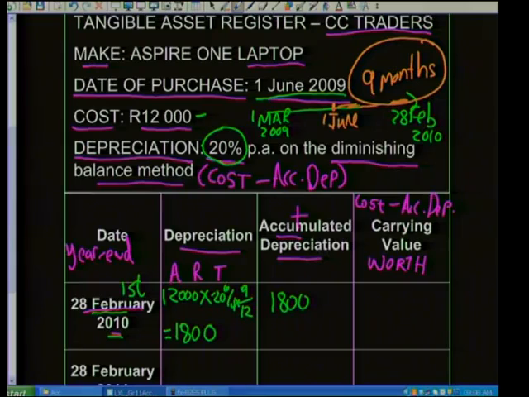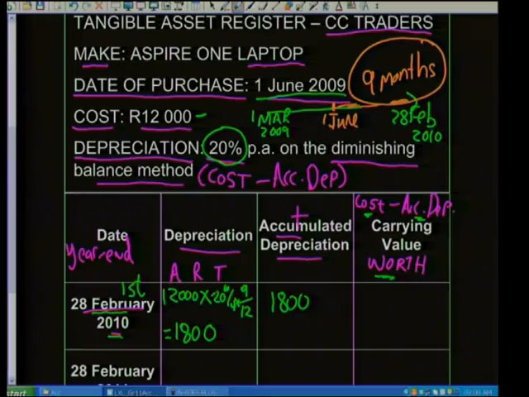Now let's go to carrying value. Carrying value, one more time, refers to the actual worth of this laptop, what it's worth on the 28th of February 2010, in other words, 9 months later. So the worth of the asset is my cost minus accumulated depreciation.